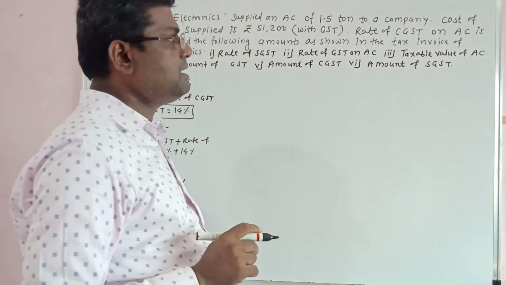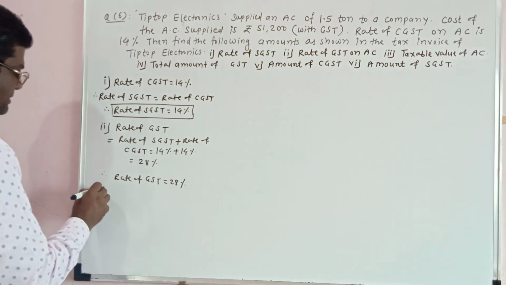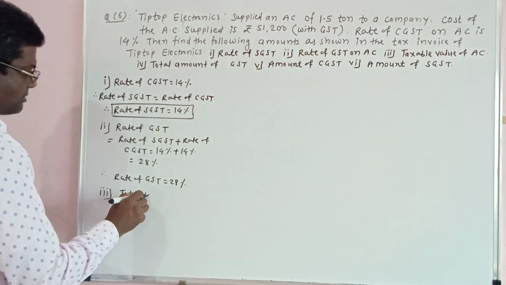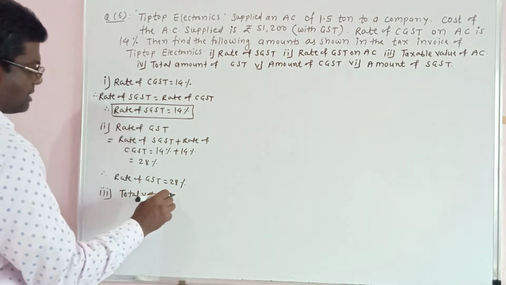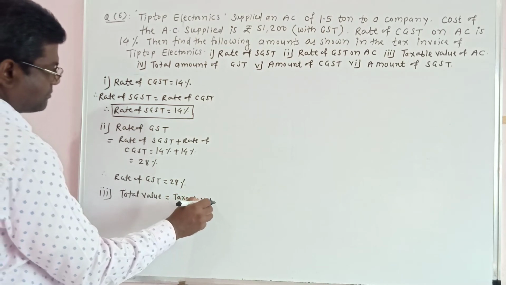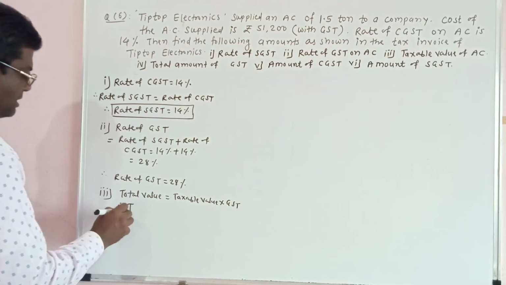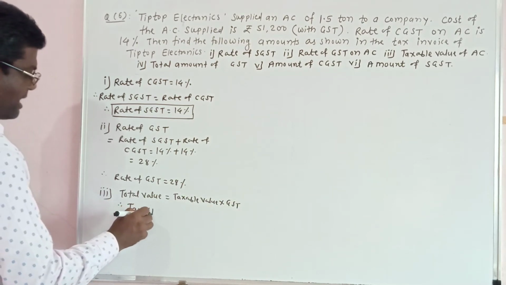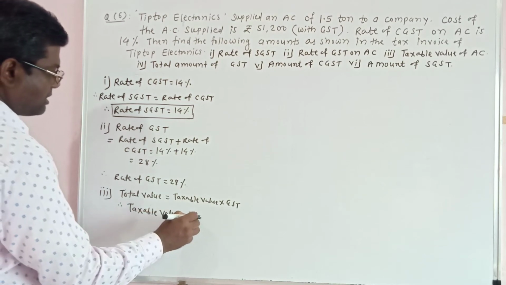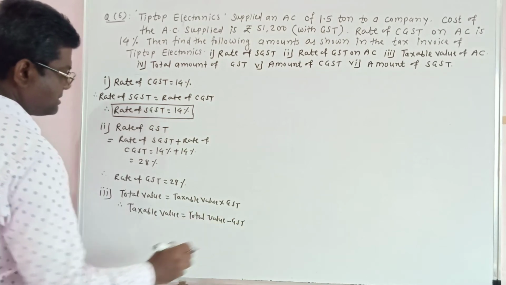Now number 3, taxable value. We have to find the taxable value. We know that total value is equal to taxable value plus GST. Therefore, taxable value is equal to total value minus GST.